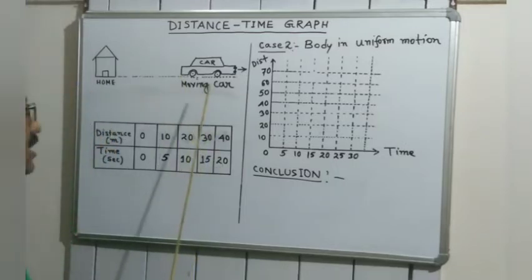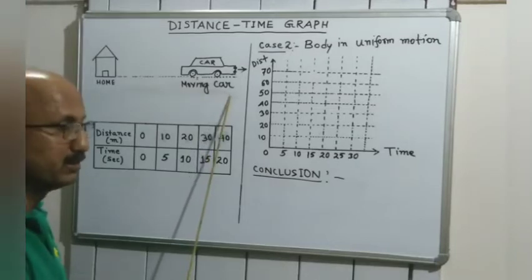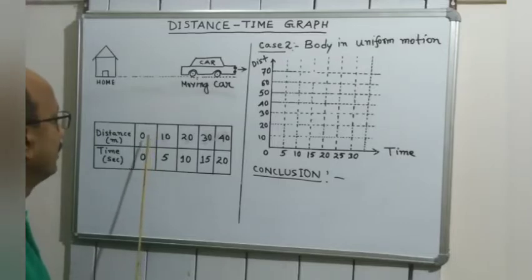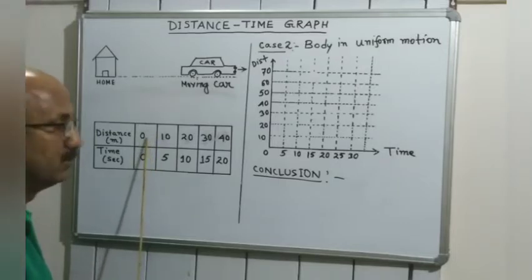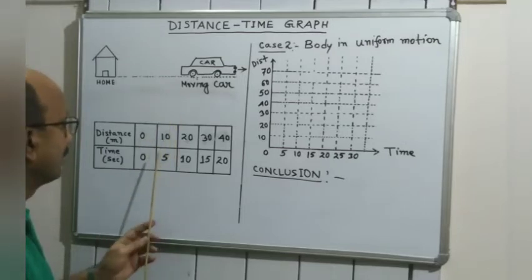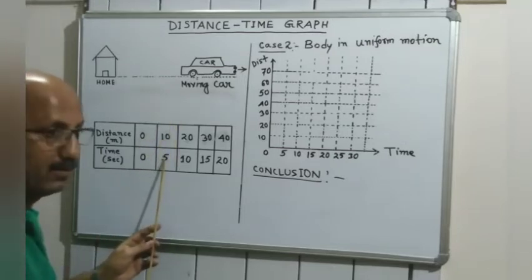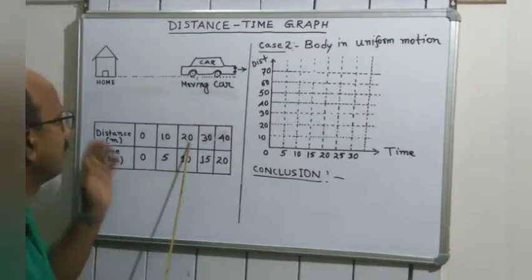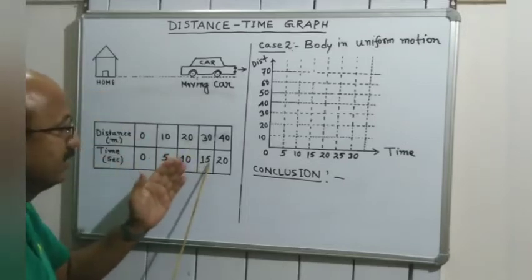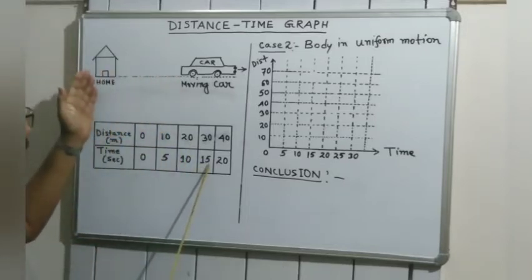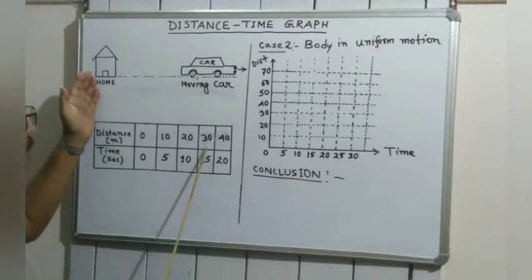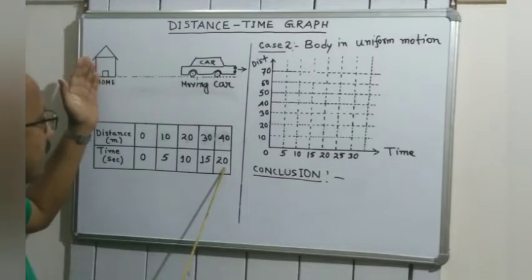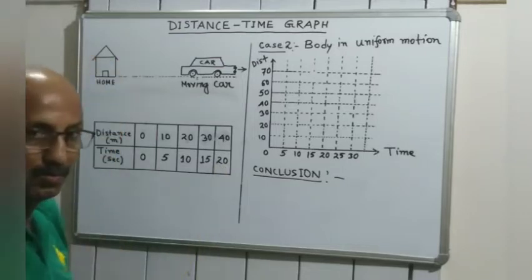When the car has started its motion, at time t equal to 0, we consider the distance traveled to be 0. Now the car covers a distance of 10 meters in 5 seconds. Then in 10 seconds it has covered a distance of 20 meters from the home. In 15 seconds the car has covered 30 meters from your home, and in 20 seconds the car has covered 40 meters from your home.